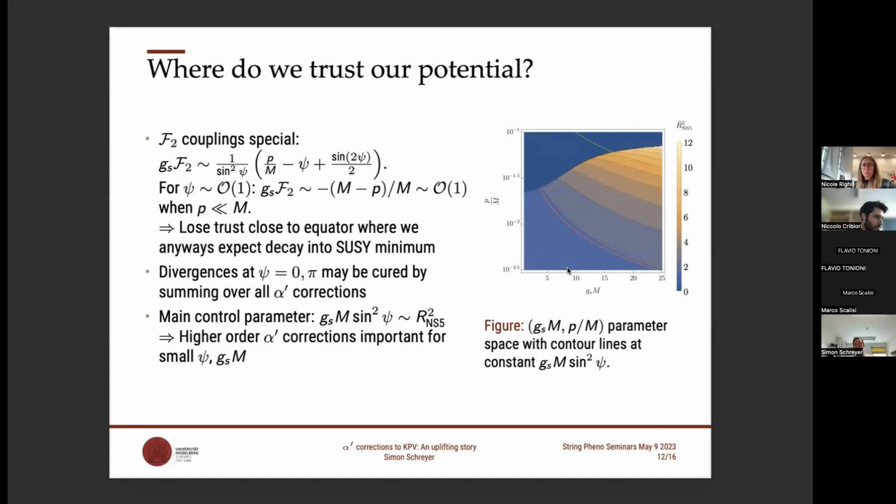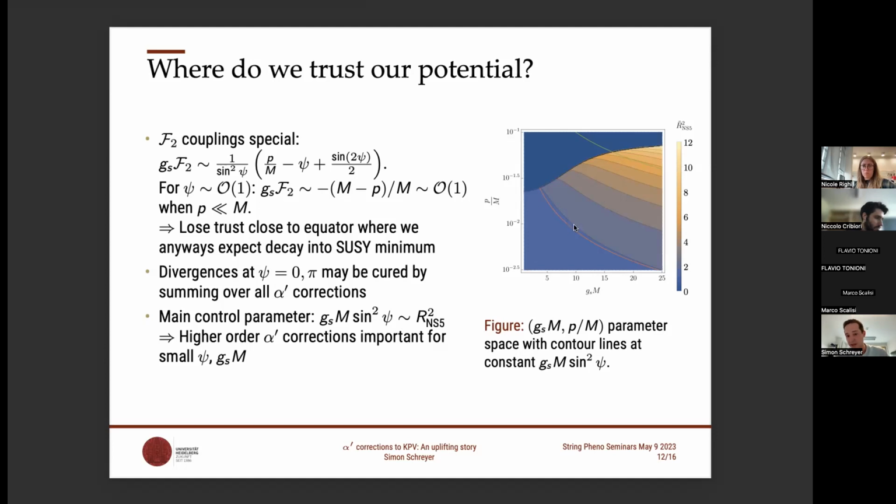But there's also a main control parameter of this whole potential, which we identify to be GSM times sine squared psi, which is basically proportional to the radius that the NS5 brane wraps at the minimum. In this plot, I plotted contours of constant GSM sine squared psi.